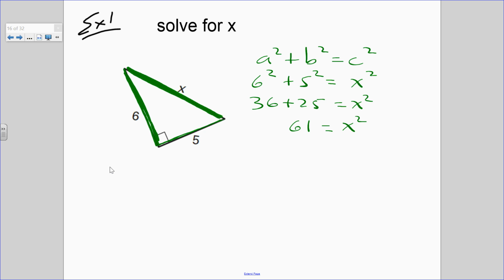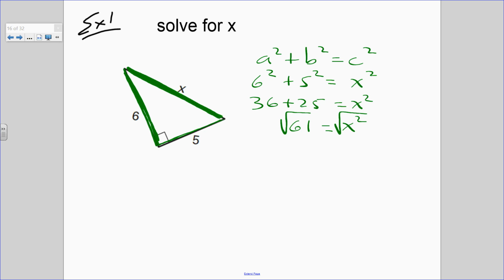Good. I'm glad you mentioned square rooting. Now, the goal of any equation is to isolate x. We have to get x alone. X is not alone. We have the exponent of 2. Now, to get rid of the exponent of 2, someone says square rooting, and that's exactly what you have to do. Remember, an equation is like a balance: whatever you do to one side, you have to do to the other. So if I take the square root of the right side, I have to take the square root of the left side also.